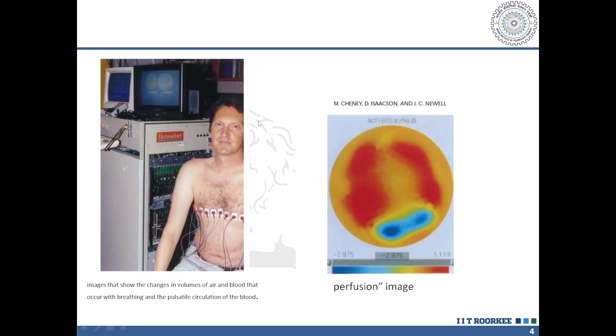All this I have taken from one of the research papers, whose writer is mentioned here. So we apply the electrodes, we encircle the electrodes across this body part, and we are going to get this right-side image on our display.